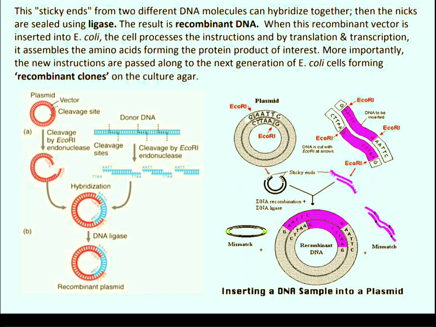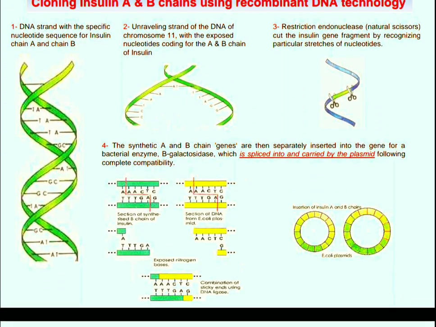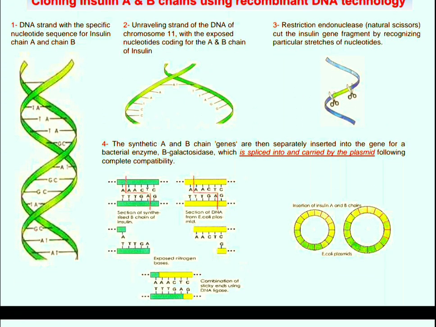So here in the diagram you can see how the DNA sample is inserted into a plasmid. One example is the cloning of insulin A and B chains using rDNA technology.